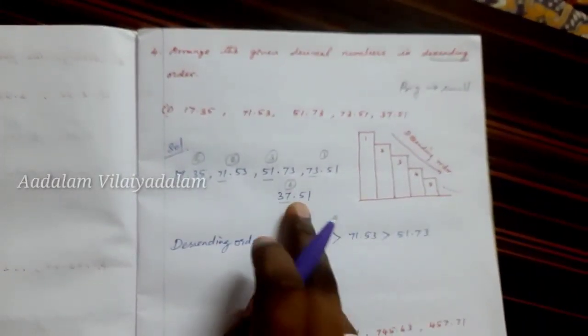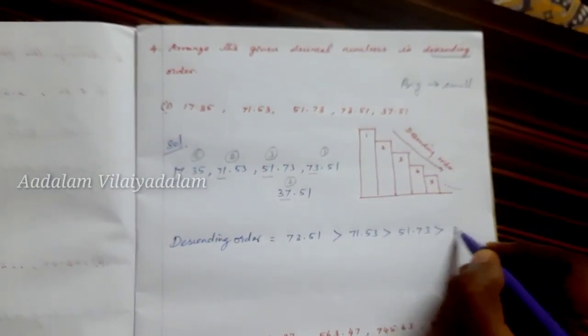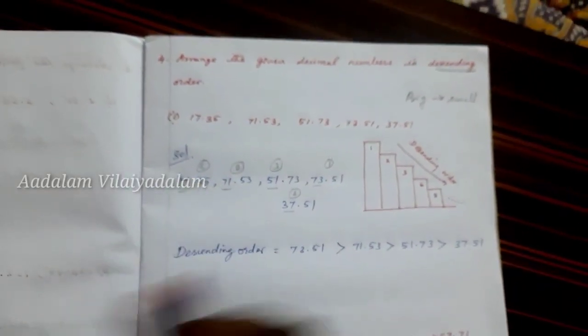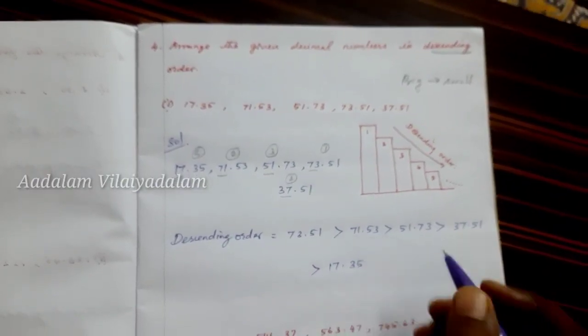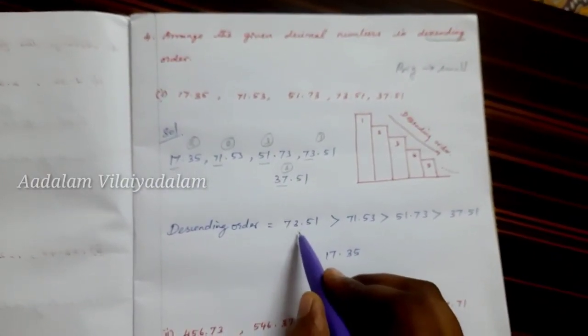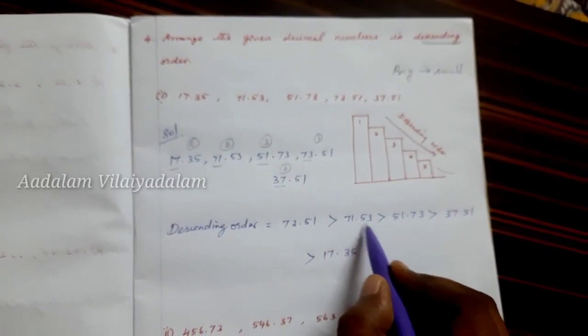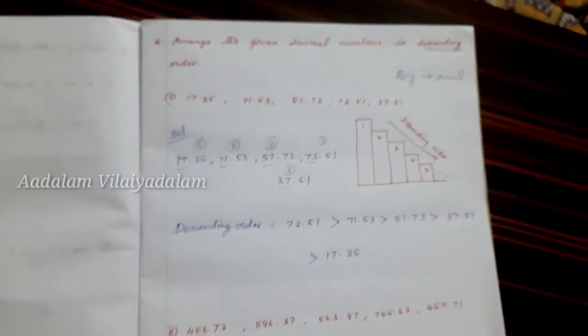The next is 37.51. The last number is 17.35, which means 73.51 is greater than 71.53. So this symbol denotes greater than.